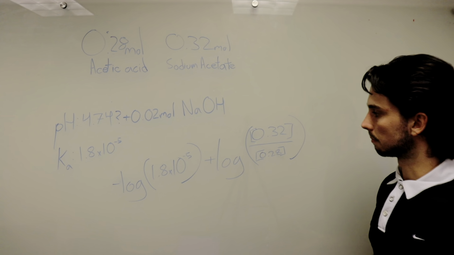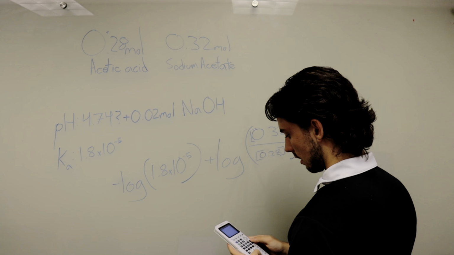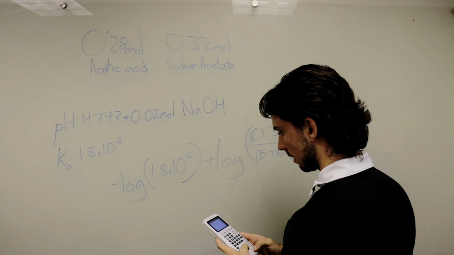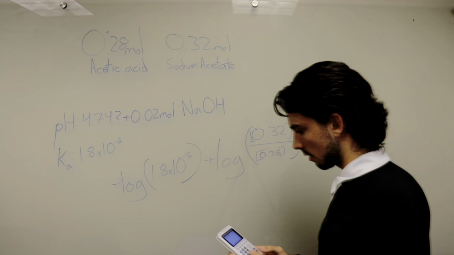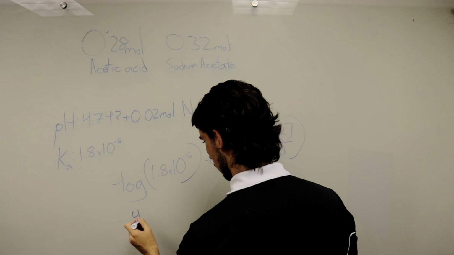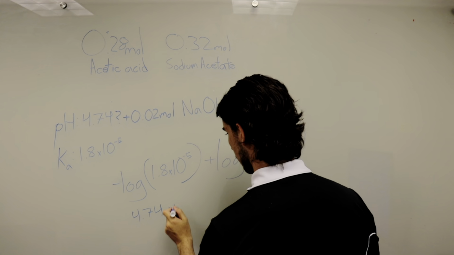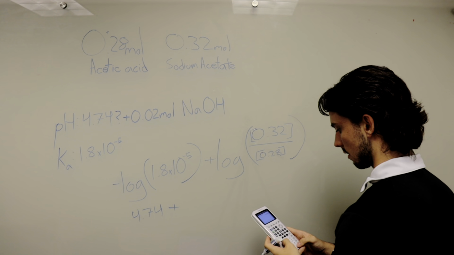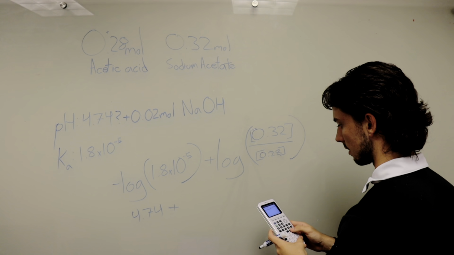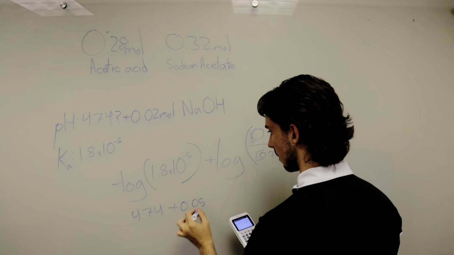So let's plug this in and see what happens to our pH when we add that. Let's do negative log of 1.8 times 10 to the negative 5. That will give us 4.74, and then we add the log of 0.32 divided by 0.28, which is 0.05.